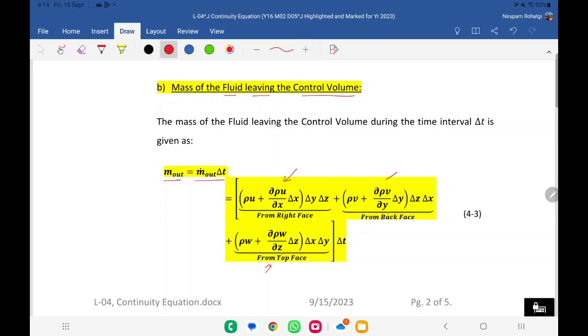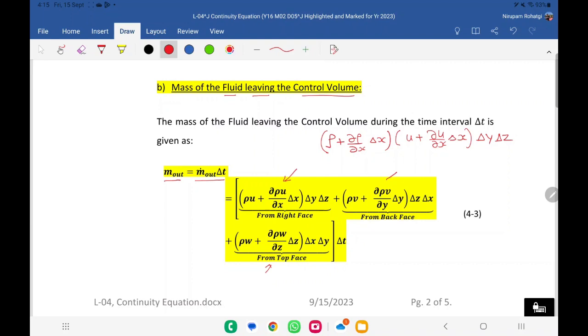You must be wondering that you could have taken it as rho plus del rho by del x into delta x, into velocity u plus delta u by delta x into delta x, into delta y and delta z.